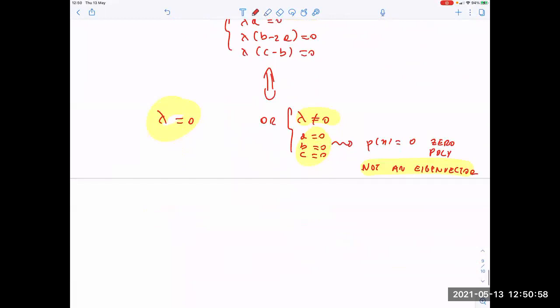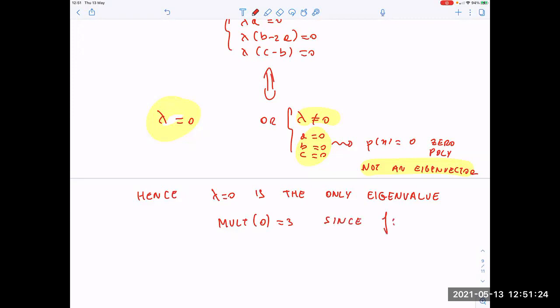So what is the conclusion? Hence, lambda equals zero is the only eigenvalue. And this means that the multiplicity of 0 is 3, since f goes from R2[x] into R2[x], and the dimension of R2[x] is 3.